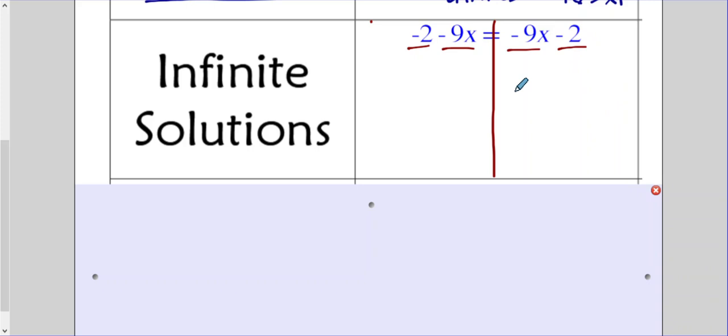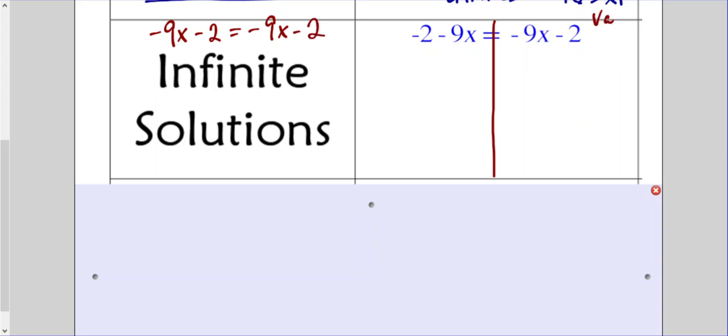We have the exact same thing on both sides of the equal sign. I'm still going to solve this the exact same way I solved the equation up top, but you should notice right away that these are the exact same expression on both sides. They're rearranged, but I can rearrange this to call that negative 9x minus 2 and keep this one the same, negative 9x minus 2. They are exactly the same expression.